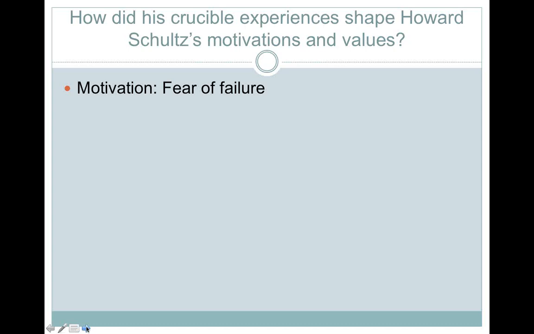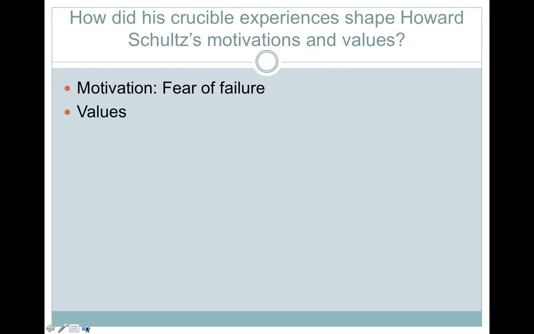So he does have this powerful motivator, which is a fear of failure. And fear of failure, by the way, can be either a positive or a negative motivator. In his case, it has turned out to be a positive motivator. It gives him a lot of energy.